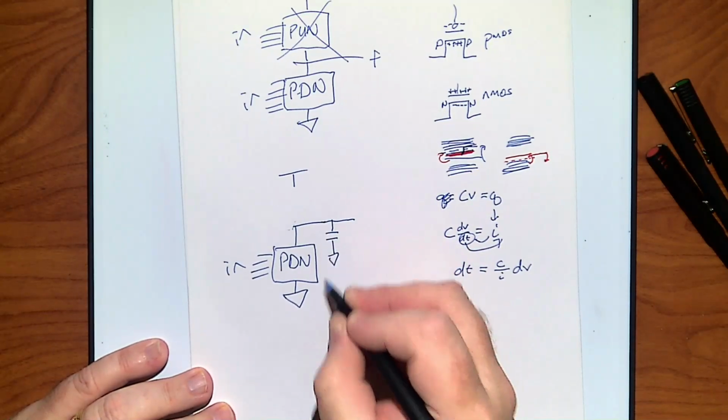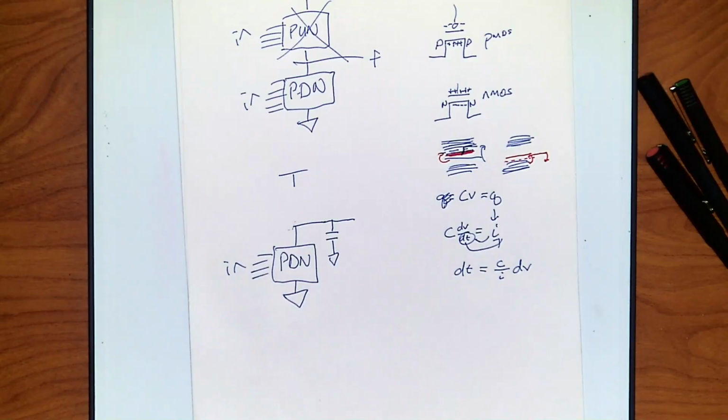Kills me too. We're going to put a capacitor on that. The challenge is I have to charge that capacitor. But for a second, I do have a charged capacitor. Let's just see if this is going to work.